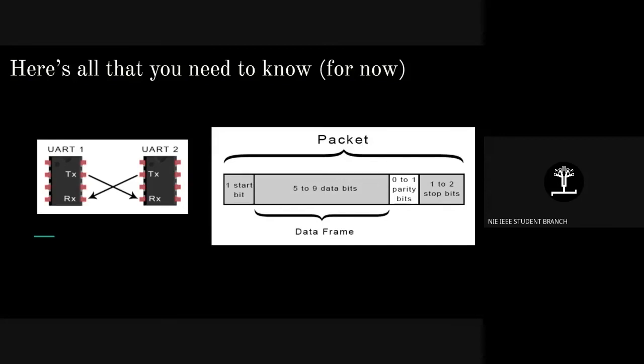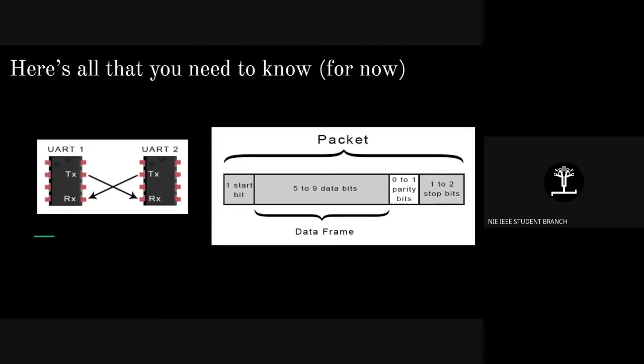So for that, we'll be appending a start bit and a stop bit also. All we need to do is send this serially outside our transmitter. The receiver's job is to receive it and decode it, and then use that data to do whatever it wants to do. That's not our business currently.